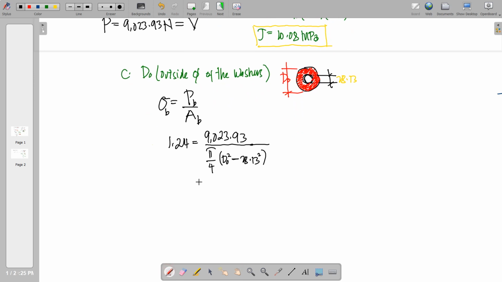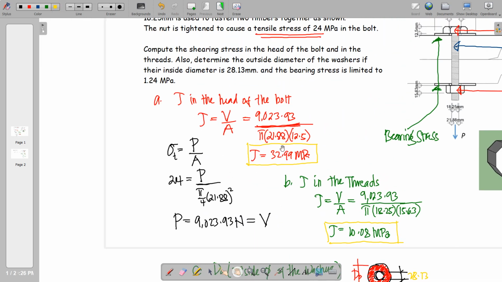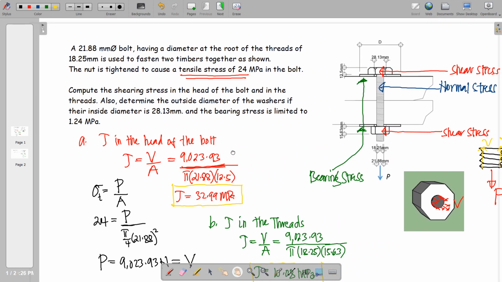We see here that we have a single unknown, dO, and by cross multiplication and manipulation, this will yield a square root, and then extracting the square root, we have 100.29 millimeters. So this completes the solution of this particular problem.